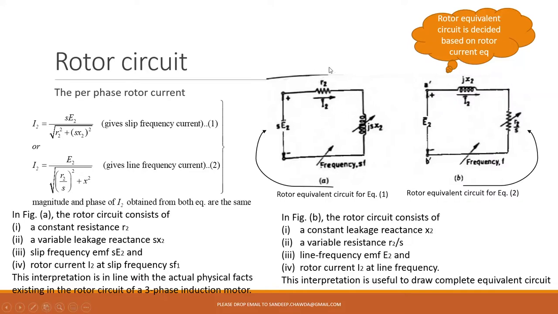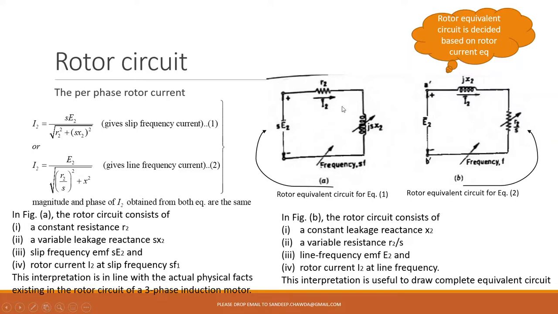Here the rotor resistance is constant; it does not vary with the slip. But in the other case, your rotor resistance varies with slip. That's why the variable sign is shown here. It indicates that the value of resistance can be changed, so it is going to vary as slip varies.